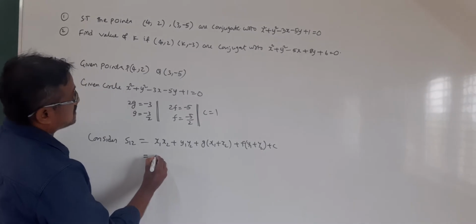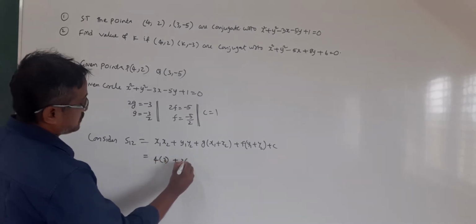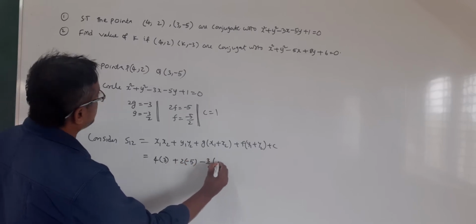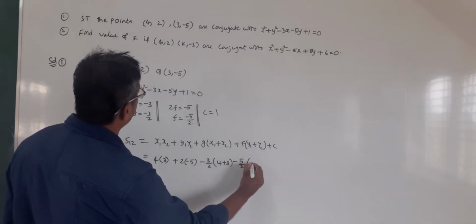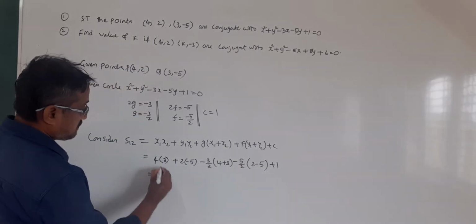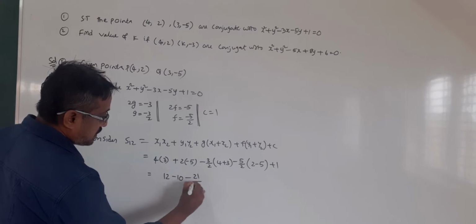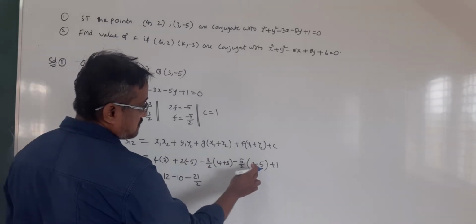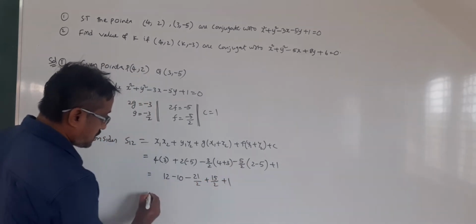So 4 into 3 plus 2 into -5, minus 3/2 into (4 + 3), minus 5/2 into (2 - 5), plus 1. So you will get 12 - 10 - 21/2 + 15/2 + 1.